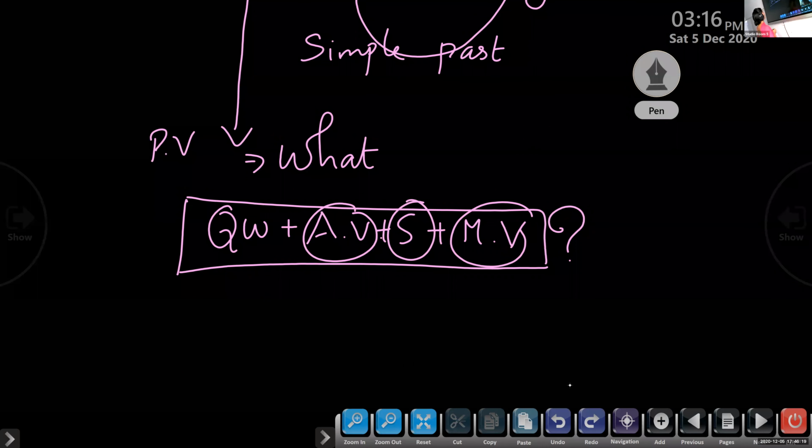So tell me the answer now. The sentence is in simple past tense. The auxiliary verb is did, which I cannot use in passive form. So I have to choose the right auxiliary verb from the be form, so it is "was." What was said by him?